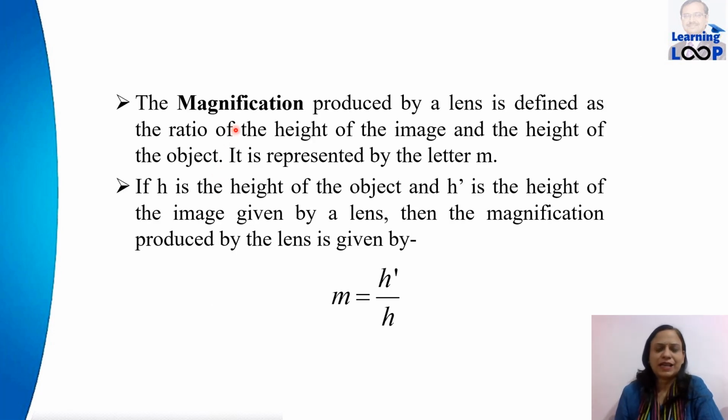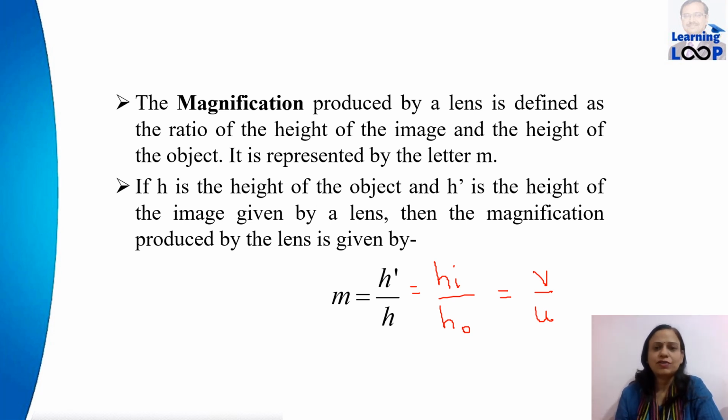Then as far as magnification is concerned, there are two formulae for magnification. The first one is the height of image upon height of object. In certain books, you will find it written as h dash upon h. And the second one is V upon U. Now, if you remember, in case of mirrors, it was minus V upon U, but in case of lenses, it is V upon U. As always, V is the distance of the image from the lens and U is the distance of the object from the lens.